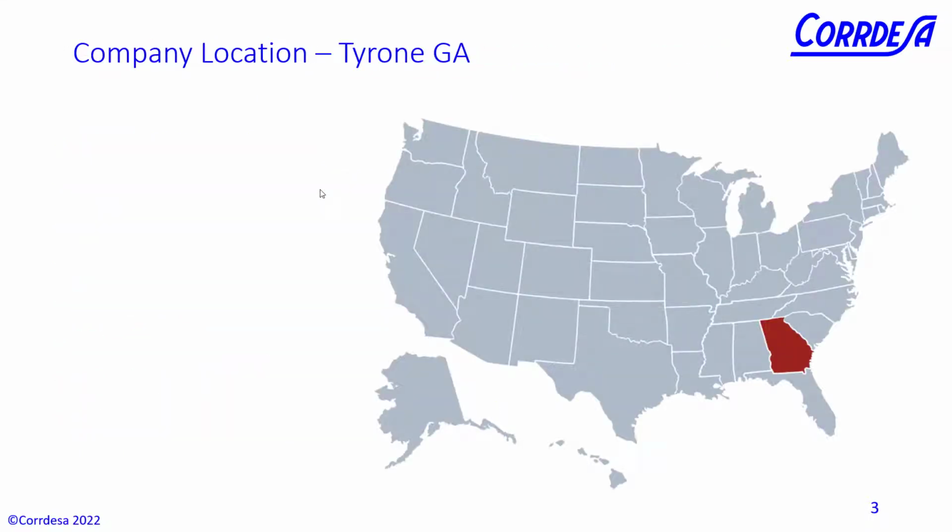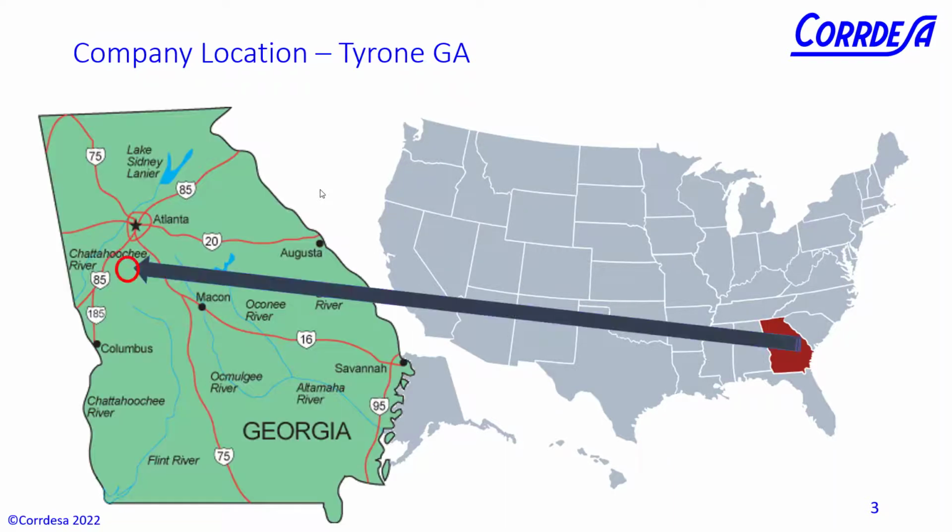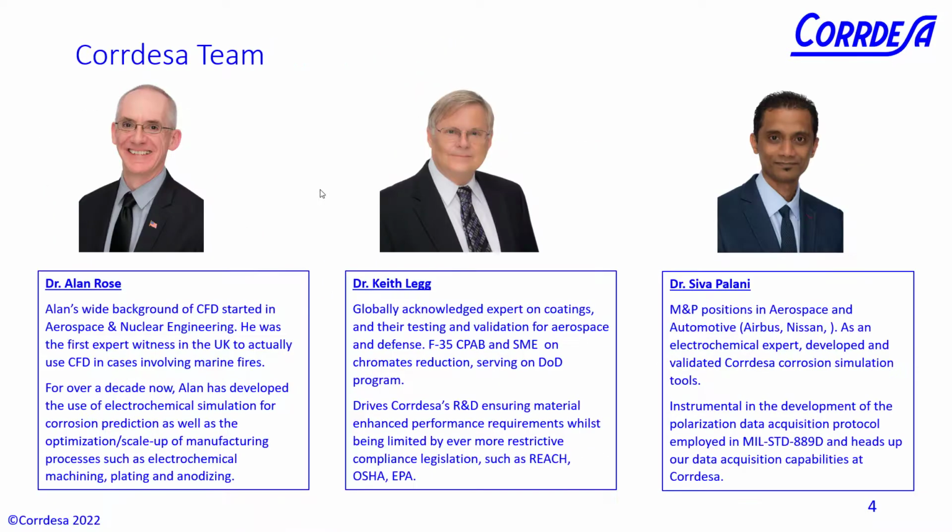So Cordesa, we're a small company based in Tyrone, Georgia, which is about 20 minutes from Atlanta Airport. Here's a little background on some key players in this work at Cordesa, and you can get this presentation as a PDF and look at it at your leisure. My background is computer-aided engineering and computational fluid dynamics.